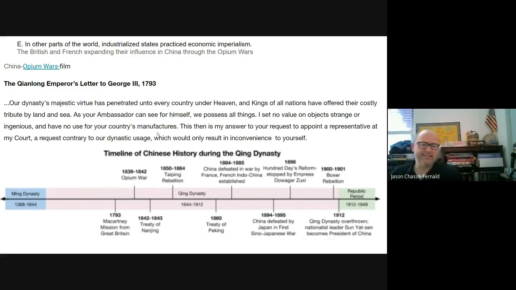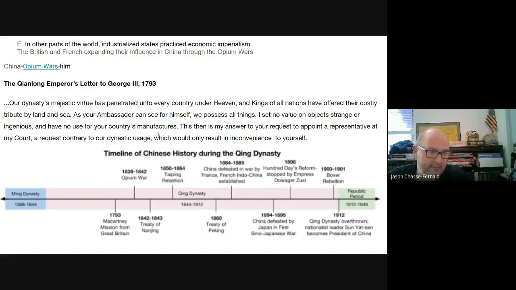So obviously, England found a workaround. This is when you're going to start to see the large scale smuggling of opium into China, which coincides with the increasing presence of the British East India Company in South Asia. The opium will be smuggled in exchange for silver, and then silver will be used to legitimately purchase tea.